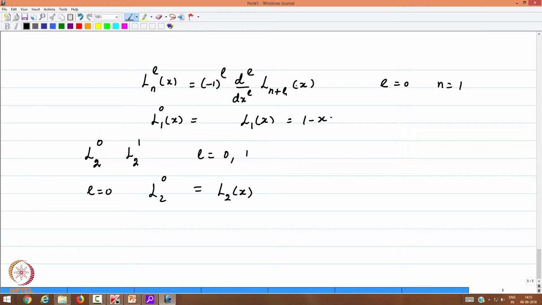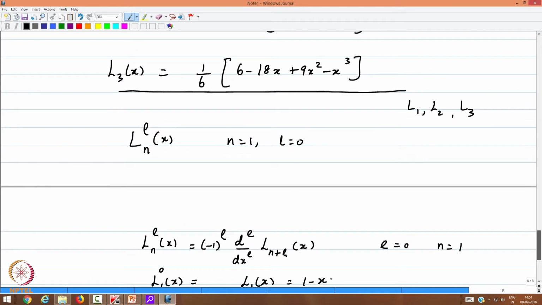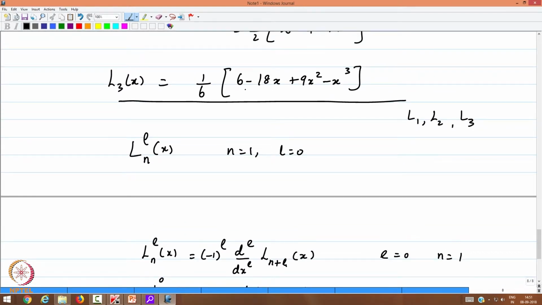Now, L2 of 1 is minus 1 d by dx of, since n is 2 and L is 1, this is L3 of x. L3 of x we have calculated already. Take the derivative of this, and you will get minus 18 plus 18x.